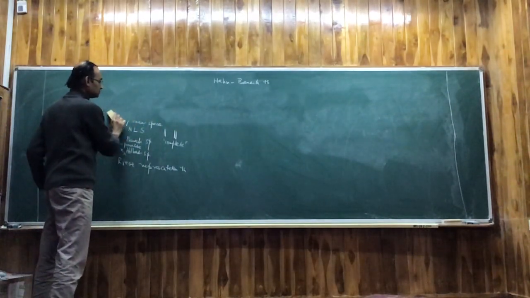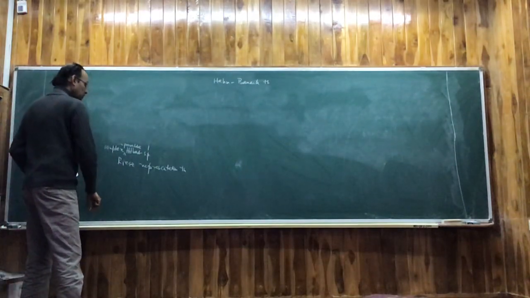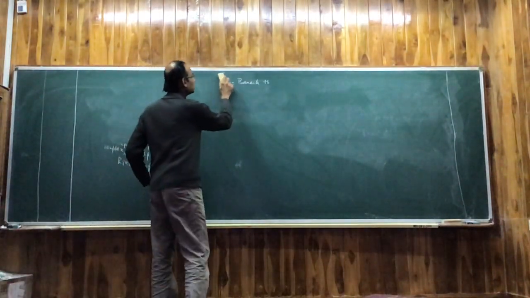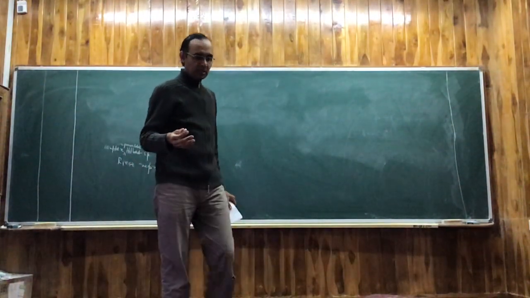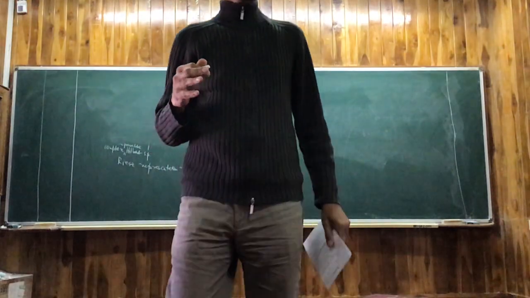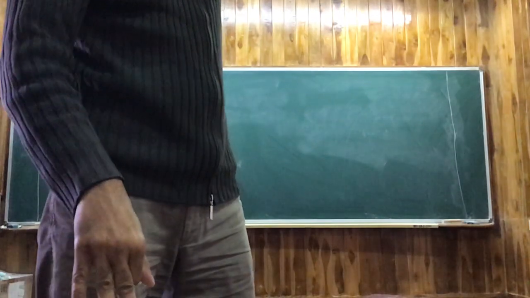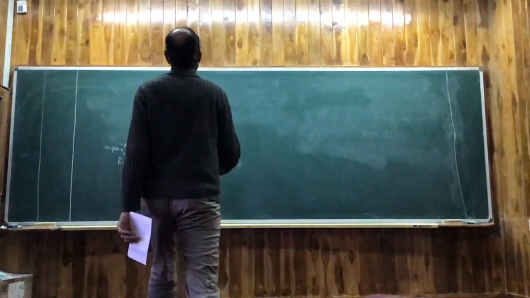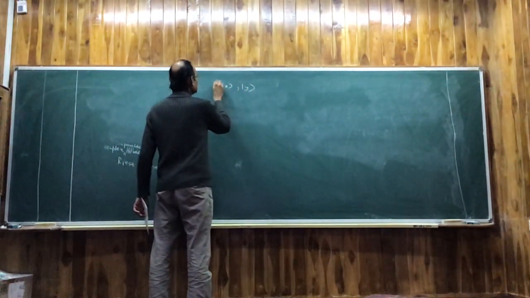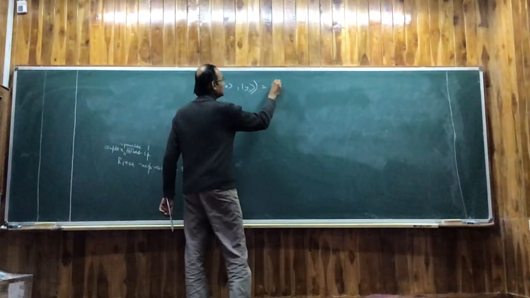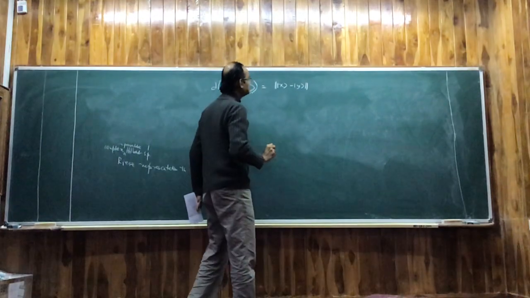So what does it mean for a sequence to be convergent in a Hilbert space? A Hilbert space has a norm, and by using that norm you can define a distance function. If you have two vectors x and y, then the distance between them you can define as the norm of x minus y.